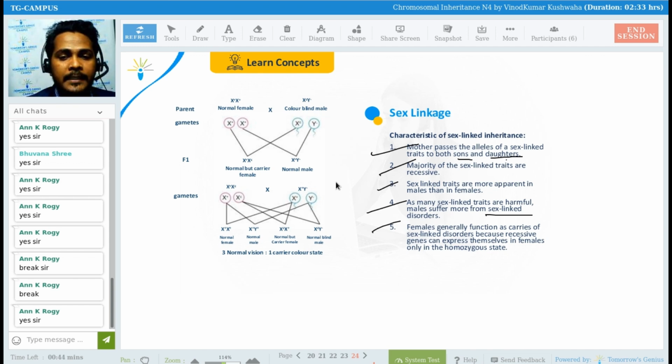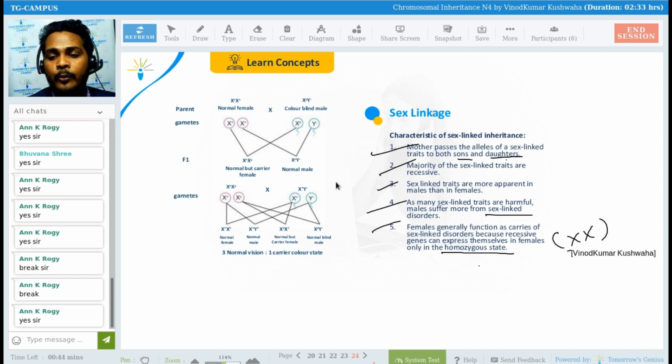Because of that, recessive genes can express themselves in the female only in the homozygous state, and that's why, because a female has the XX chromosome pair. In the XX chromosome, this sex-linked disorder is going to be suppressed, and because of that the female acts as a carrier, but the male actually suffers from that particular disease.